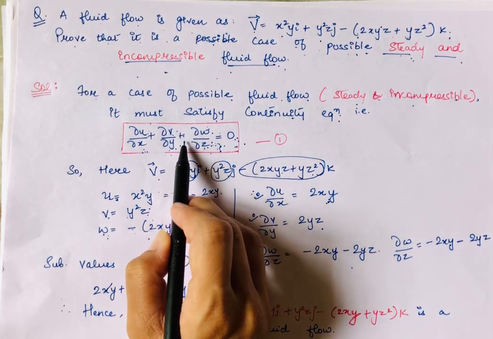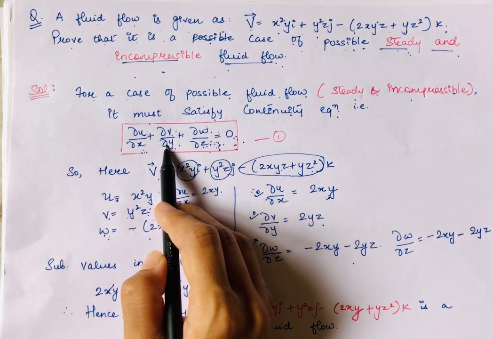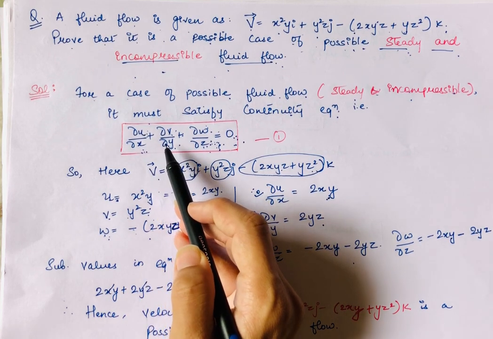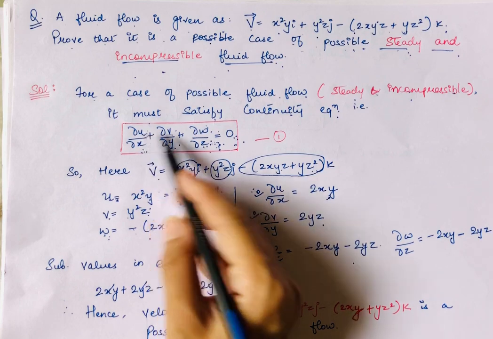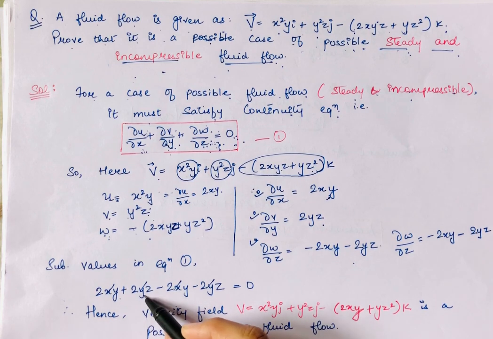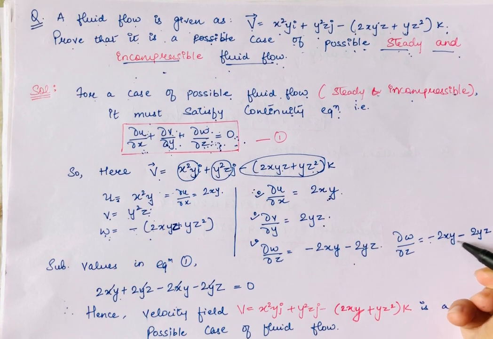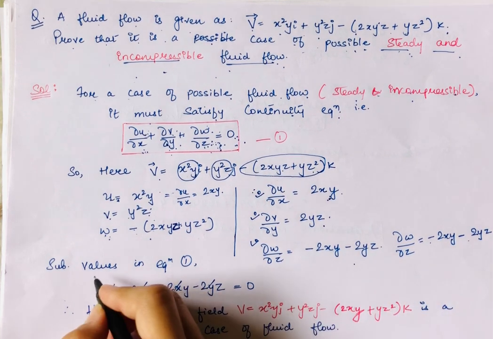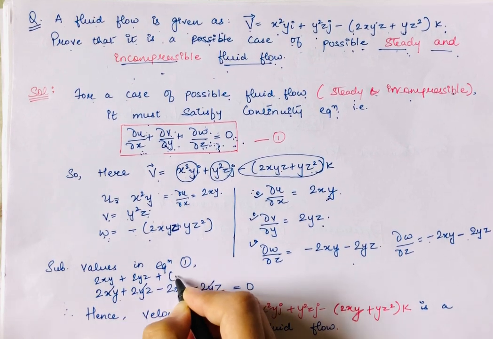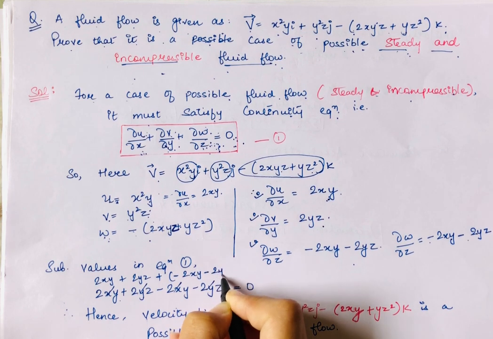Now we need to substitute those values in the equation of continuity in Cartesian coordinates, or you can also call it the three-dimensional form. Substituting these values, we get 2xy plus 2yz plus in bracket minus 2xy minus 2yz.